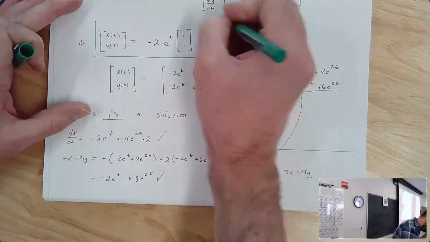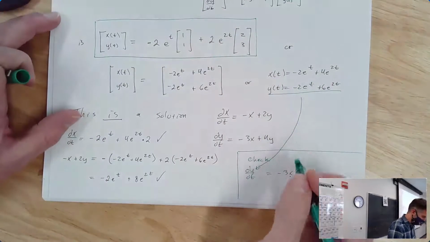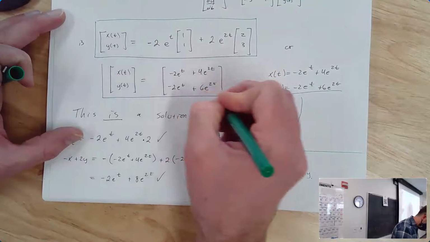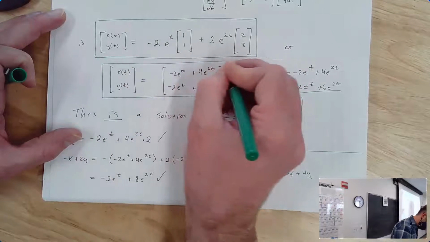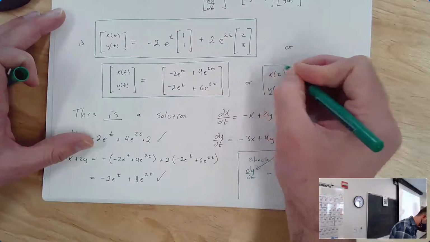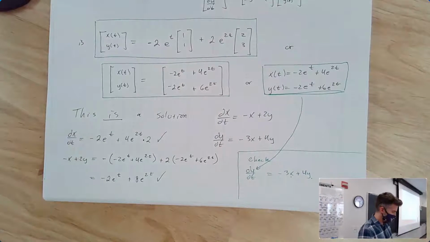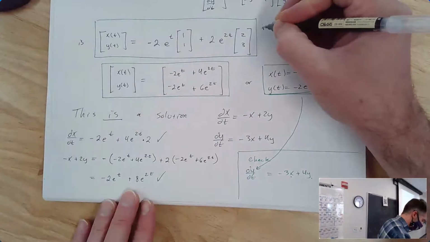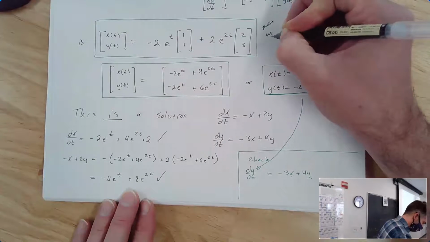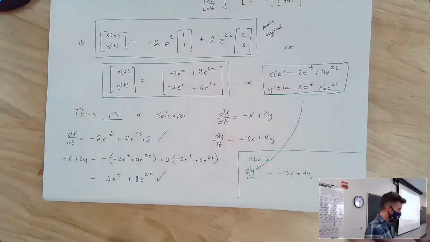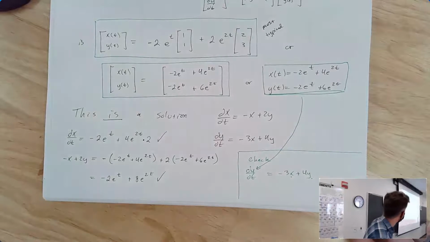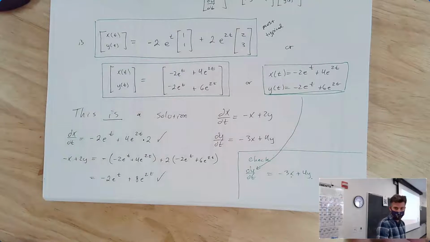But technically, any one of these three things I've written is correct. These are all the same answer, just written slightly differently. This first way of writing is probably the most typical way of writing it. Hopefully that helps out.